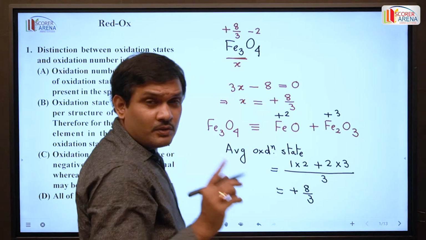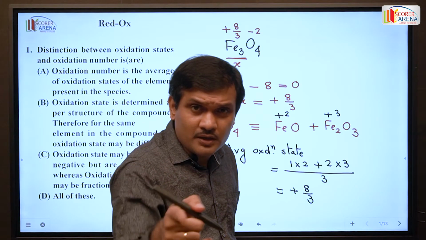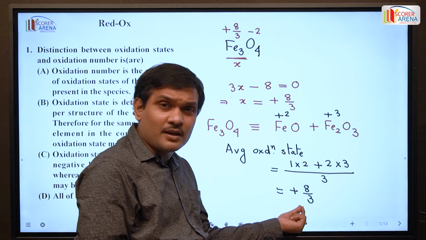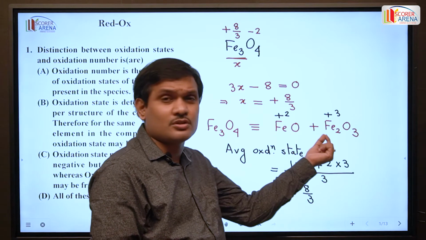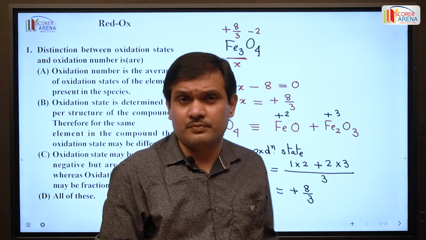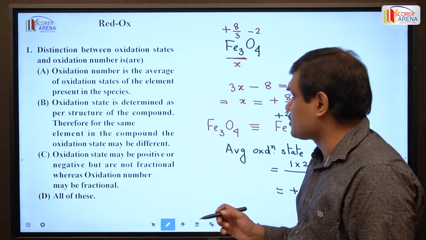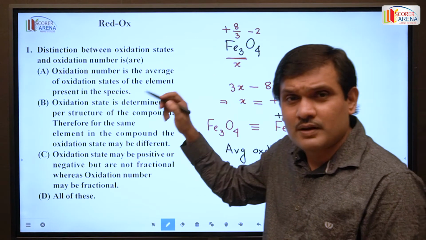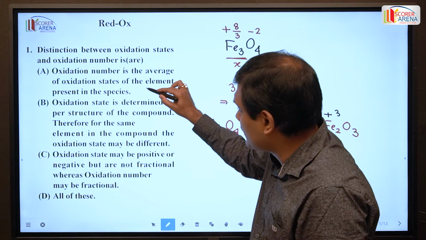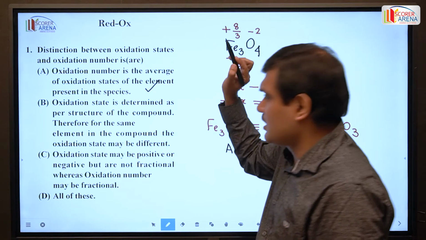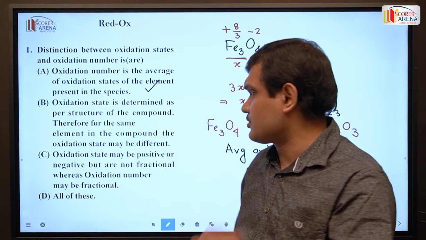So when we find the oxidation number, it really represents the average of the real oxidation states present in a compound. So the first option, that oxidation number is the average of oxidation states, definitely gives a correct statement.